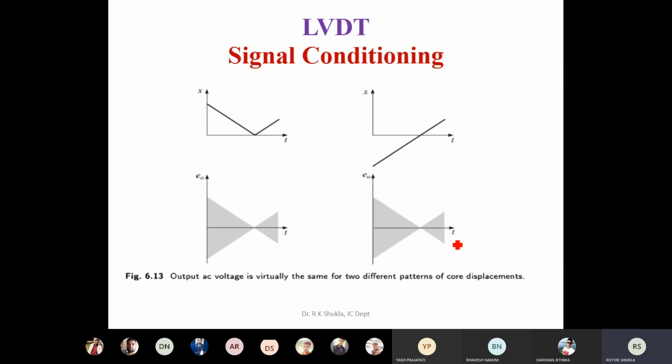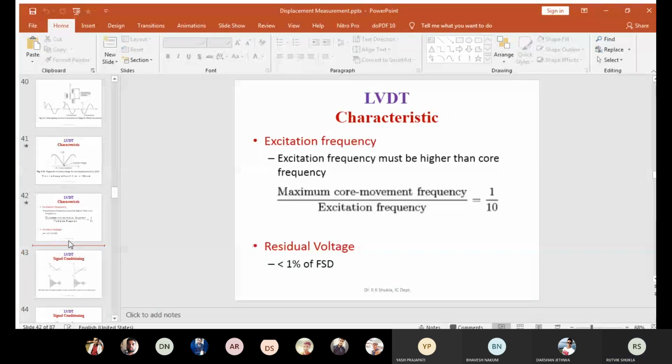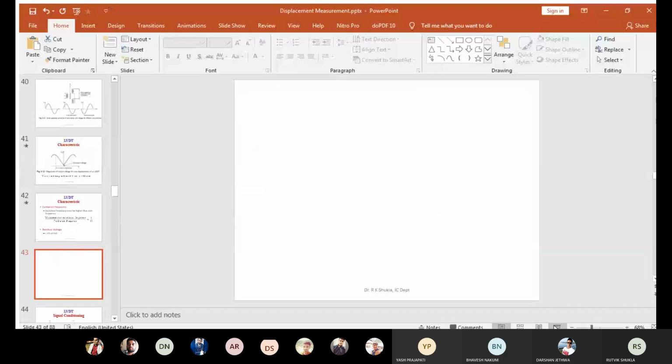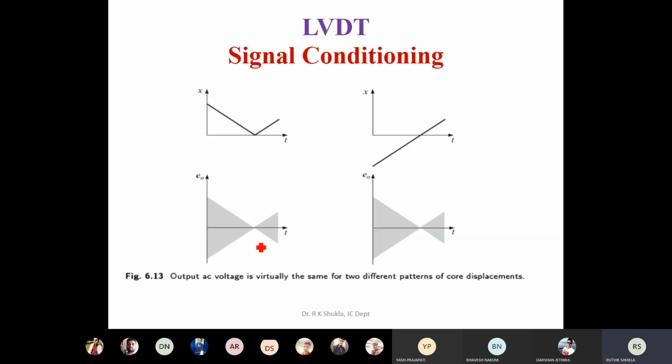Third thing which you have to consider while using LVDT in your application is the type of signal conditioning circuit. Clear? That is very, very important. Now if you see this LVDT output, see how it looks like.